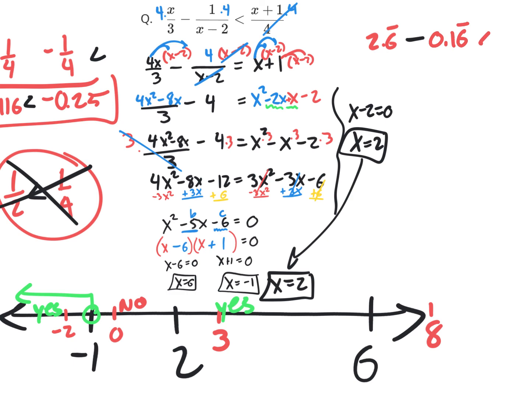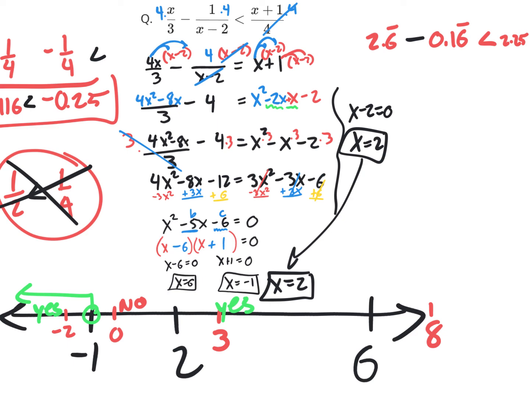And that should be less than, when I plug in an 8, I guess 8 didn't work out that great. When I plug in an 8, 8 plus 1 is 9, 9 divided by 4 is the fraction 9/4, which turns to 2.25.